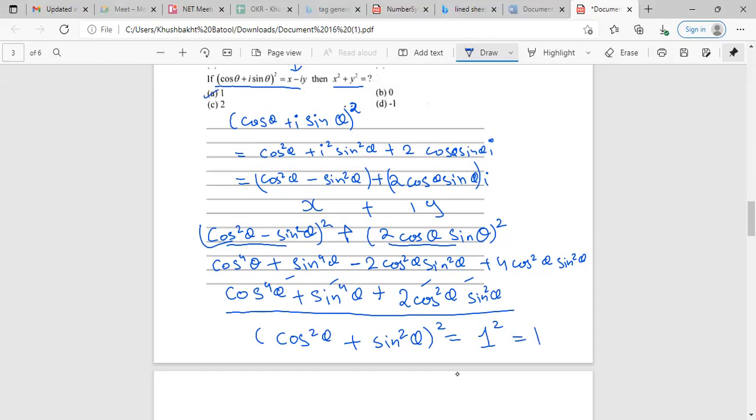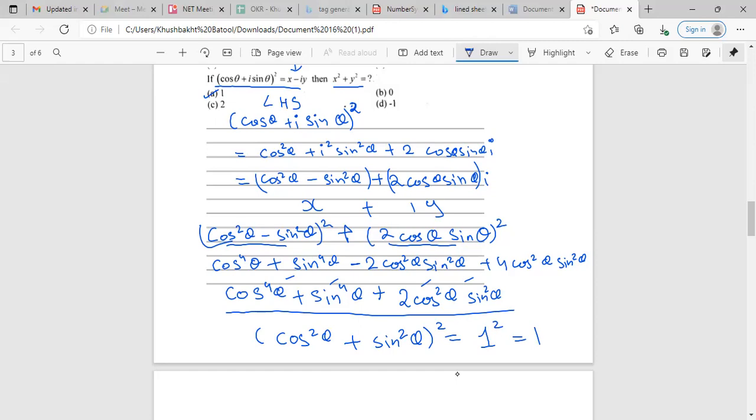Now here the question was to find x square plus y square, but the actual task was to find x and y, and we did that by comparison. For comparison, we had to simplify the left hand side first, which we did by expanding cos theta plus iota sine theta whole square.